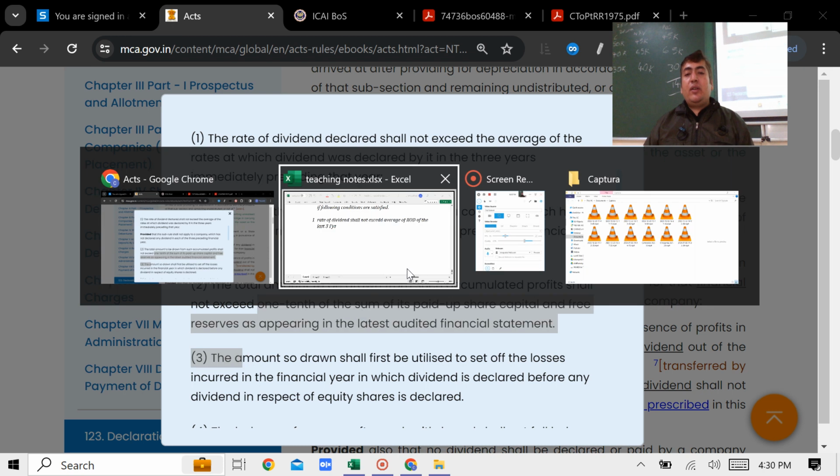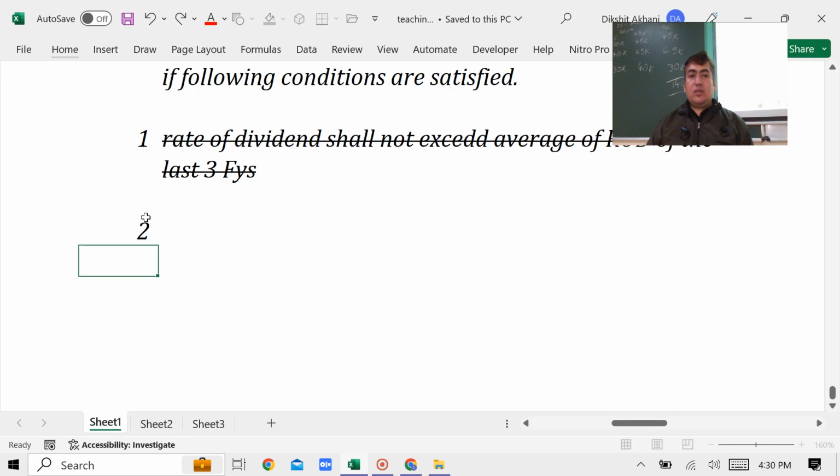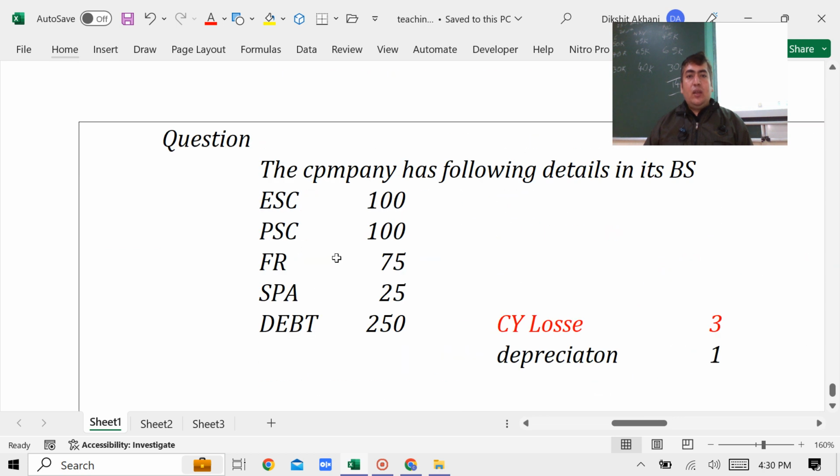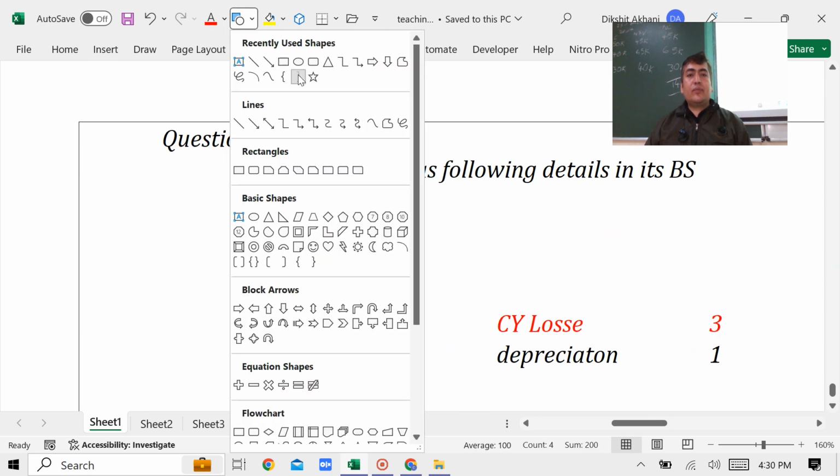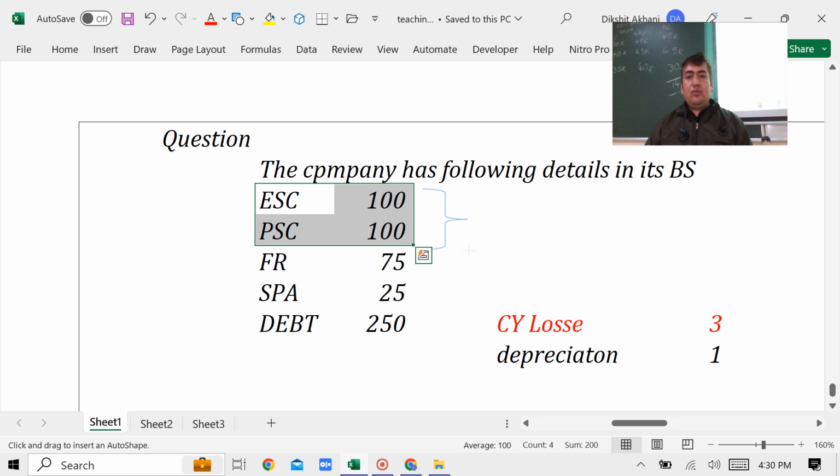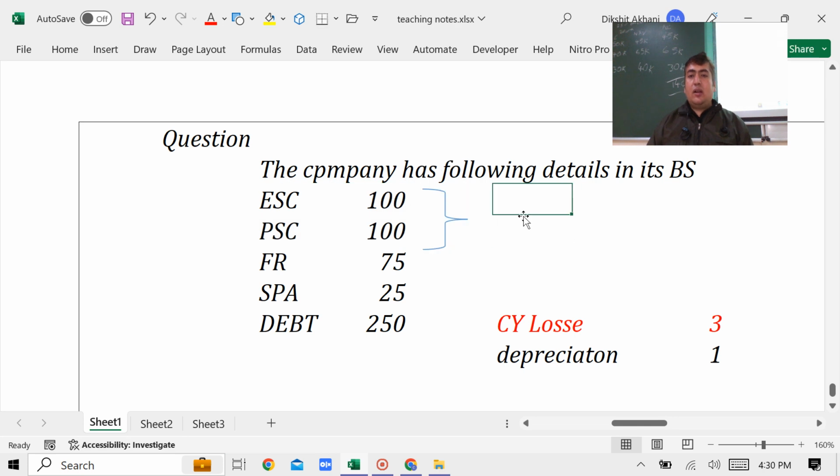So you tell me guys, what is the maximum amount according to the calculation you can give? Tell me one thing. It is saying that paid up capital, these two together are nothing but paid up capital. So that is coming to 200 plus free reserve coming to 75.